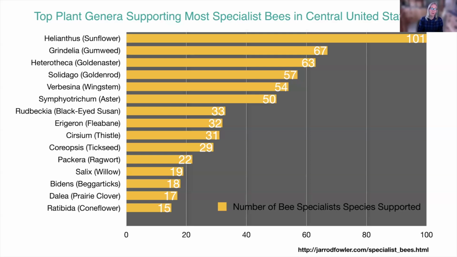So they include the sunflowers, the gumweeds, golden aster, goldenrod, et cetera. So many of these pollen host plants belong to that primary plant family Asteraceae. I'll be highlighting some of these other plant families and genera throughout the presentation, however.